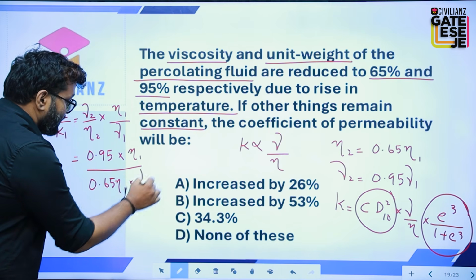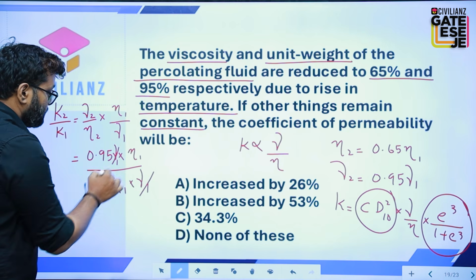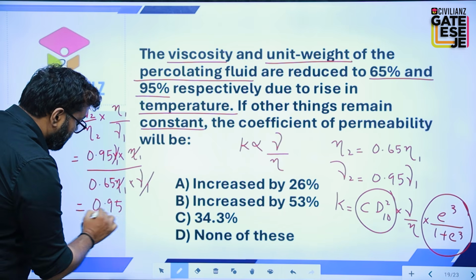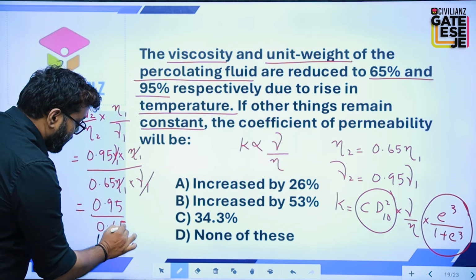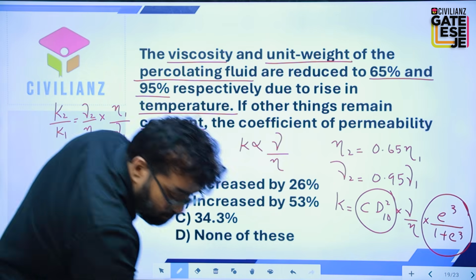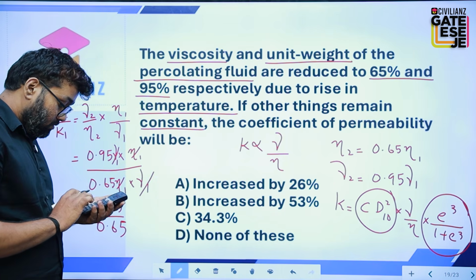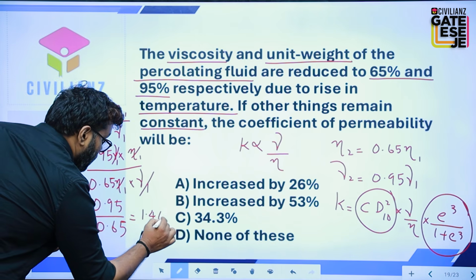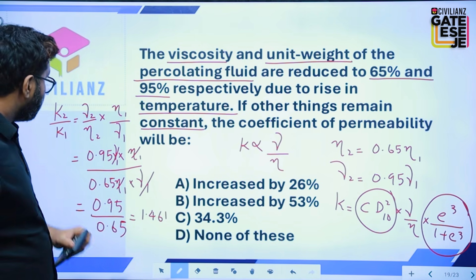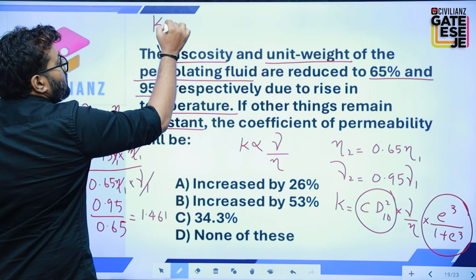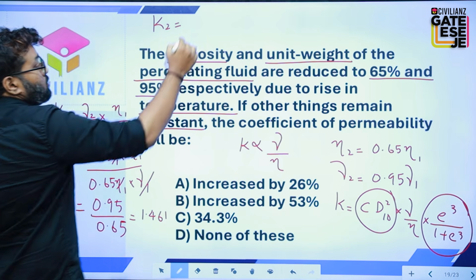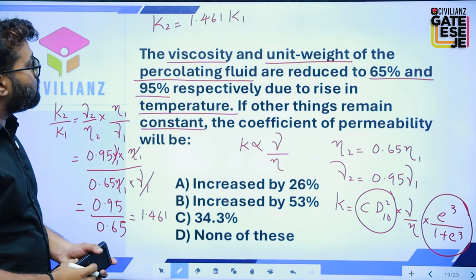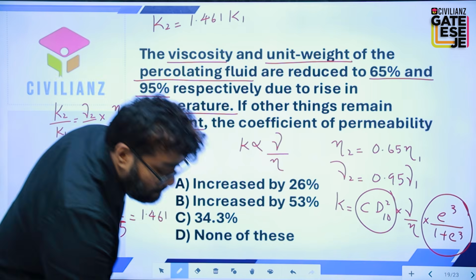We can cut gamma 1 and eta 1, so we will get 0.95 by 0.65, which is equal to 1.461. So K2 is equal to 1.461 K1.